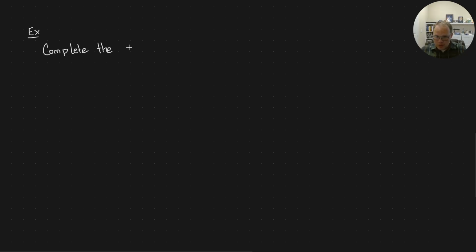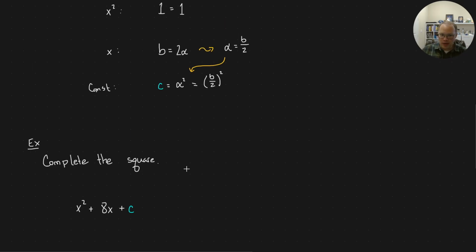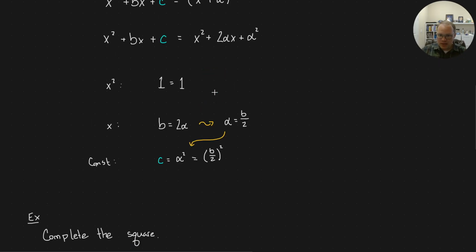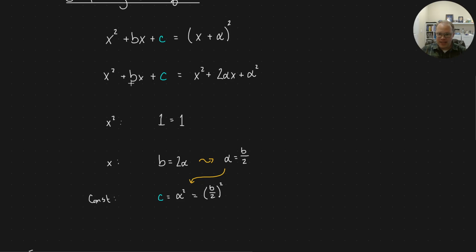Complete the square. Okay, so we have x squared plus 8x plus some c. So what would c need to be to complete the square? Well, according to our work up here, it should be (b over 2) squared, where b is the guy in front of the x.